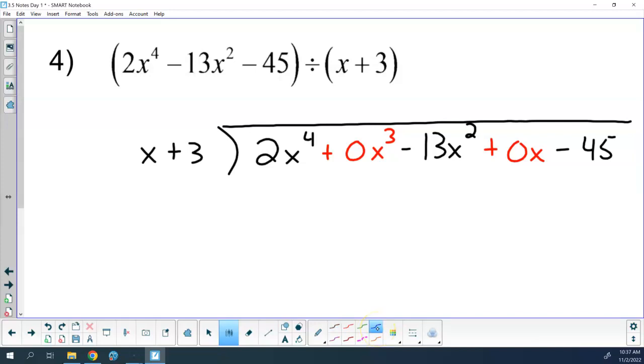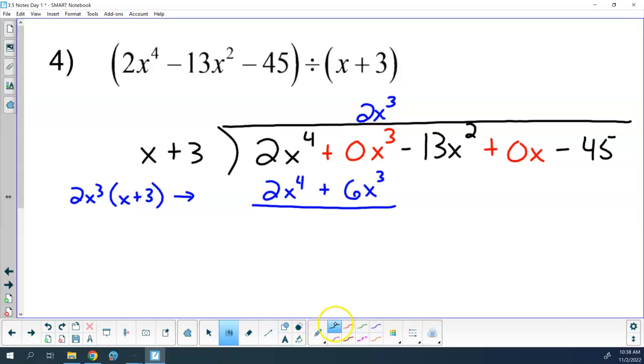So this would be 2x cubed. That's going to be 2x to the 4th plus 6x cubed. Change and change gives me negative 6x squared.